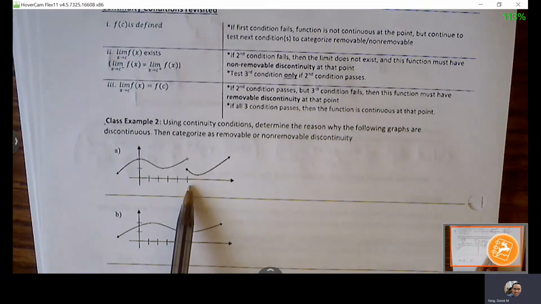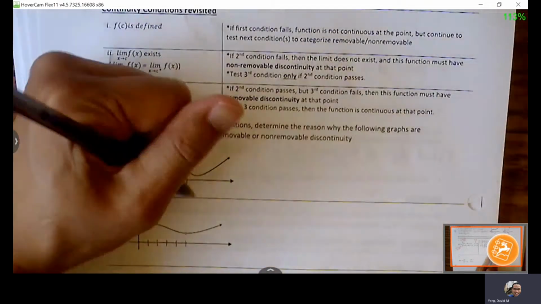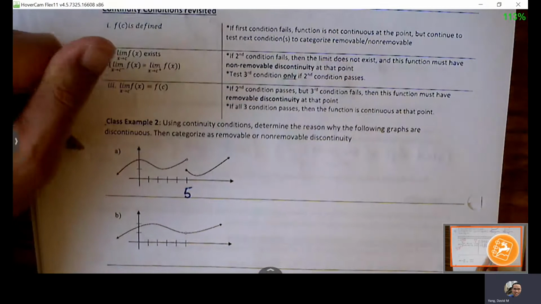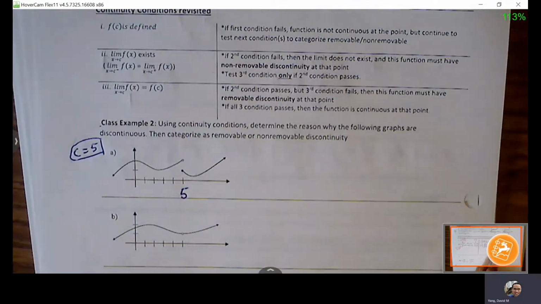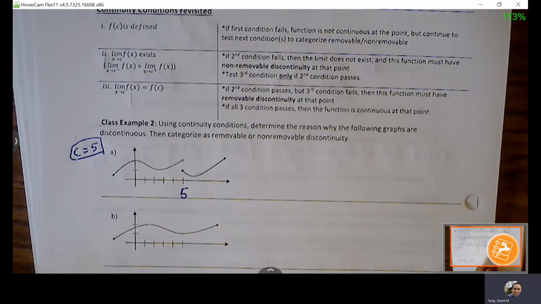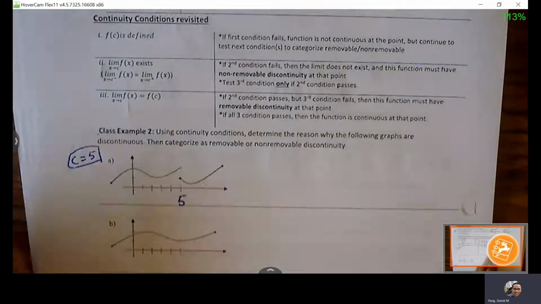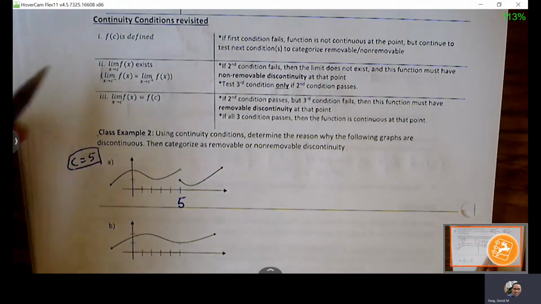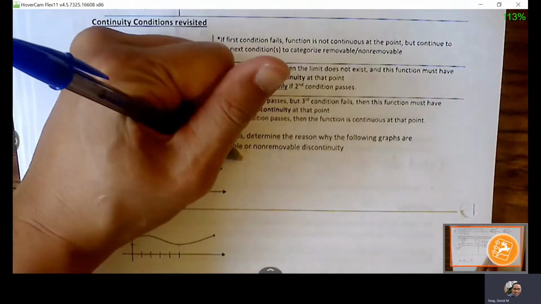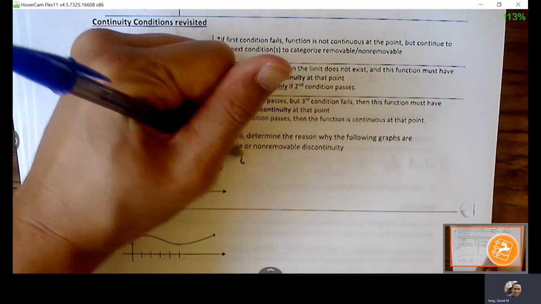Okay, so here the point in question is at 5, so we're going to identify that my c value is 5. We already know it's not continuous, but we're going to step through each of the continuity conditions. We're always going to test the first two. The third one is dependent on whether the second one passes. But we're going to go through the conditions starting with the first one.